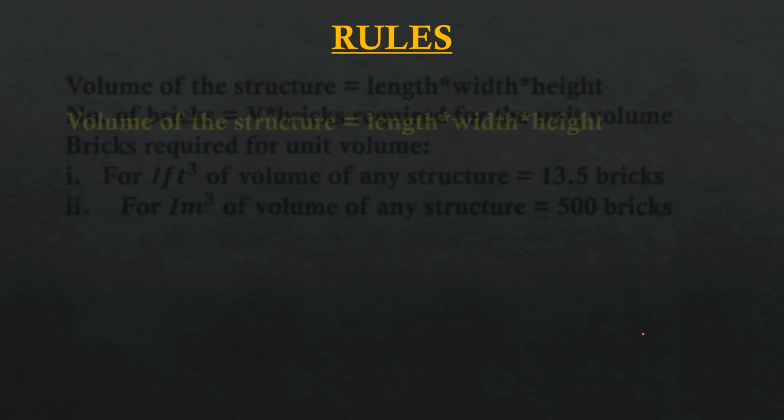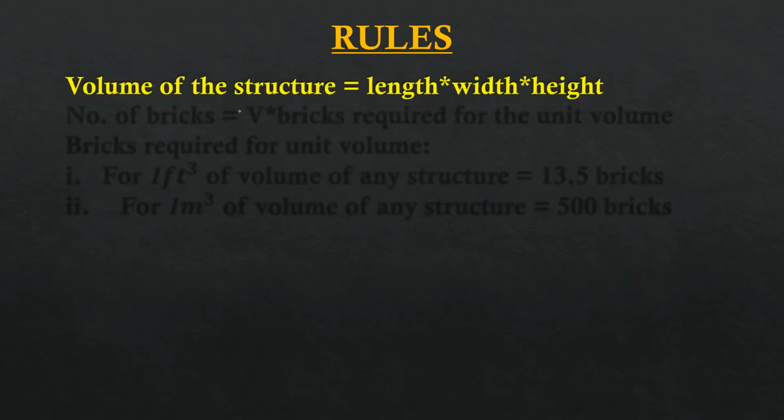The volume of the structure will be equal to length multiplied by width multiplied by height. Before calculating the volume, again I am going to tell you that you have to make the units consistent. If your units are not consistent, then you cannot calculate the exact or correct number of bricks for any structure.